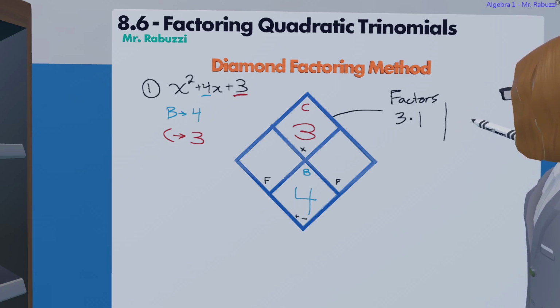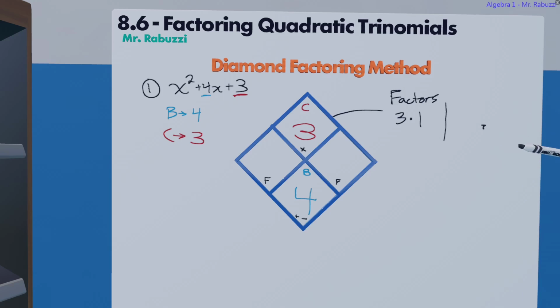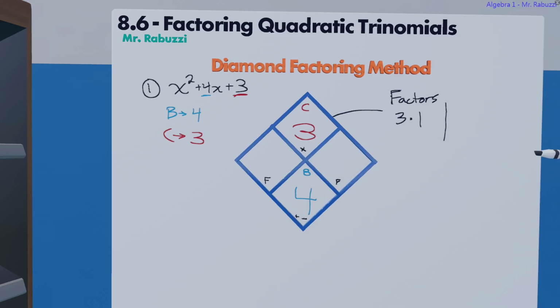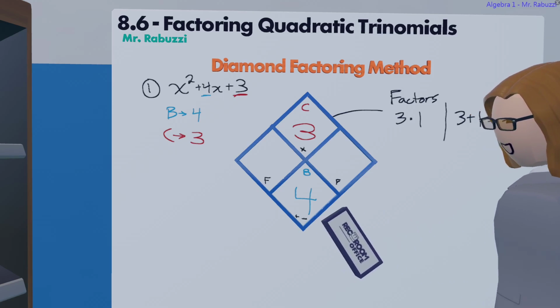If we go over here and check, we found out they multiply together to make the top number. 3 times 1 equals 3. Good. Now we need to see if they add together. 3 plus 1 equals 4. So good. They add together to make the bottom number.